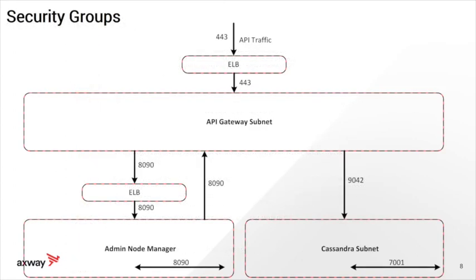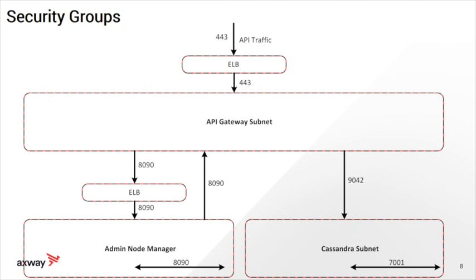Let's talk about different security groups. We will have a security group for each subnet. Basically the API gateway subnet will allow traffic on port 443 from the Elastic Load Balancer, which will be facing the internet, and the Elastic Load Balancer itself will be accepting traffic on port 443 from the internet.